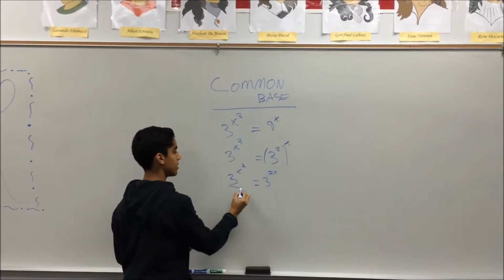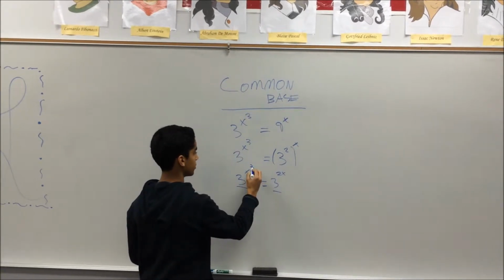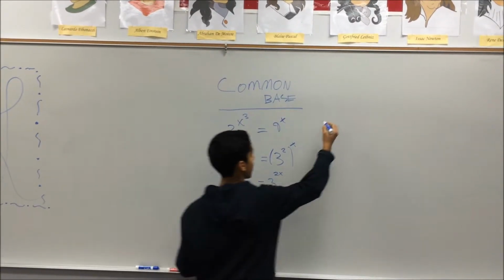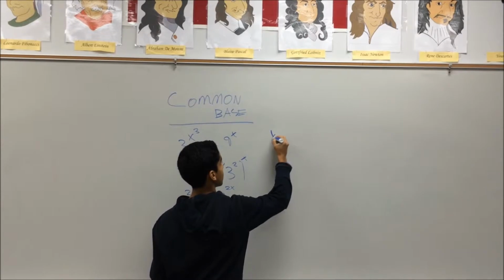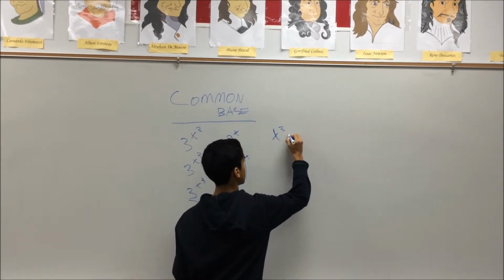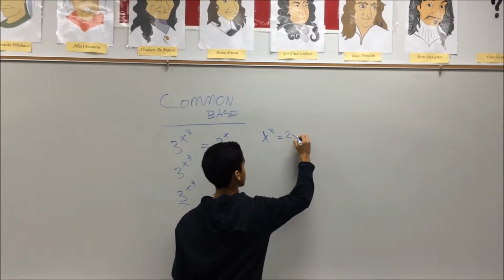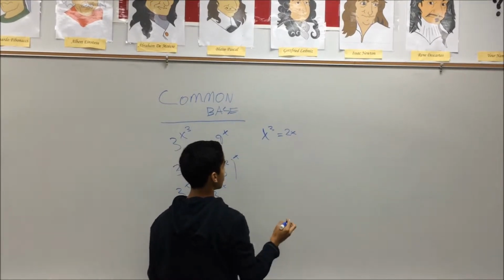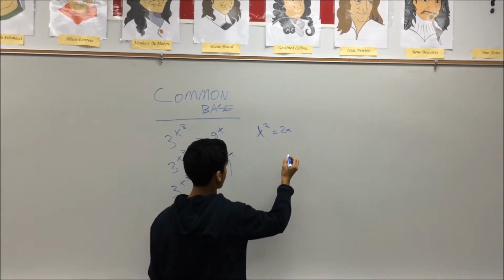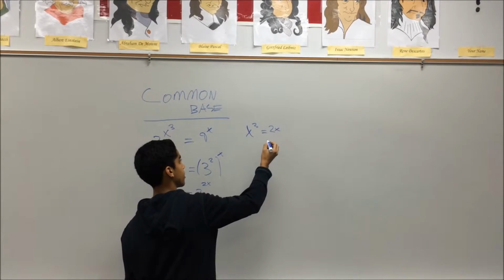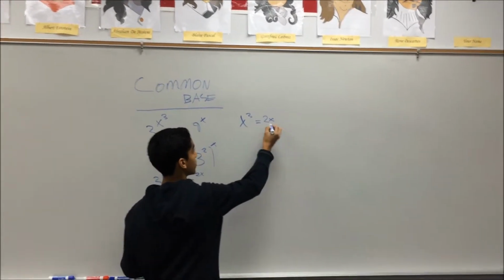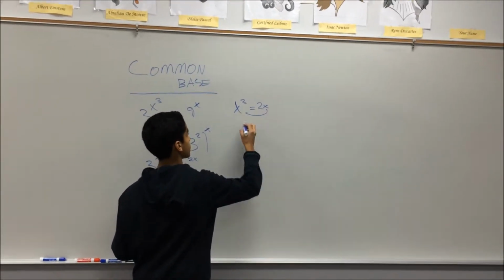Now, since we have the same base here, we can set their arguments equal to each other. So now, we have x cubed equals 2x. From x cubed equals 2x, we want to set this equal to 0, so we bring this over by subtracting it.